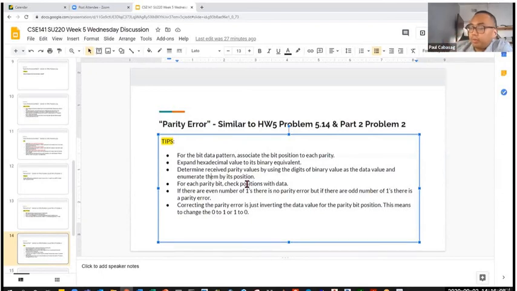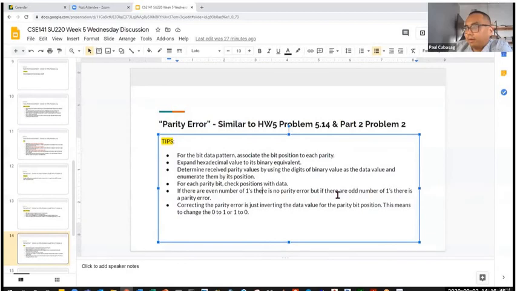And then you enumerate the position, the number of digits you have there would be its position. And for each one of those, you check the position with its data. So that's how you know, for each parity value, you would check if you have an odd number of ones for the data value, or an even number of ones. And I think from what I got is if you have an even number of ones, there's no parity error.